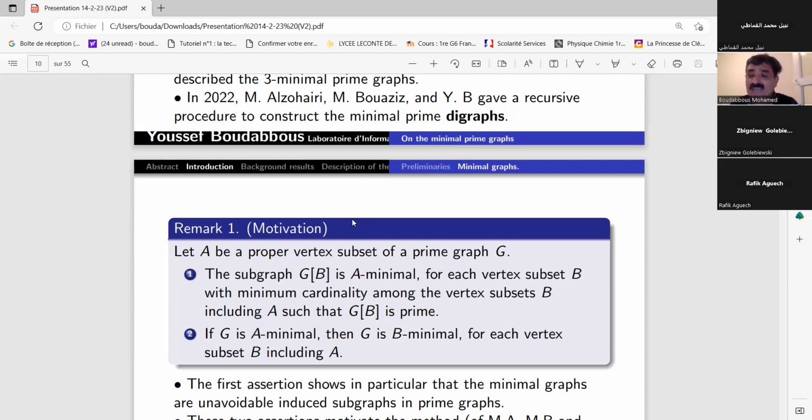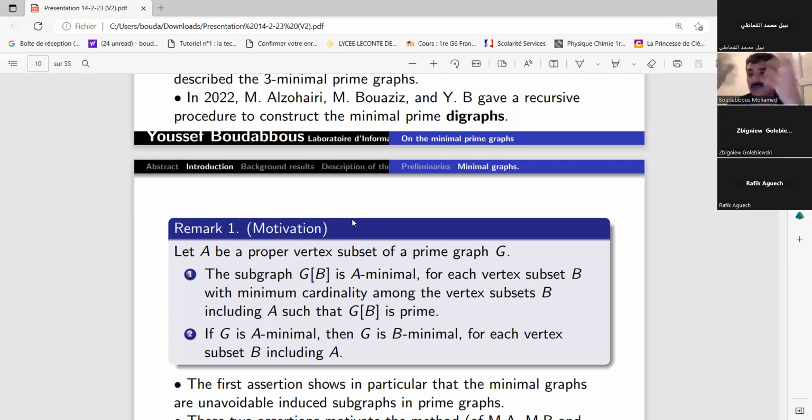It is easy to verify that G[B] is A-minimal. This remark shows the importance of minimal graphs. Given a prime graph, for any vertex subset A, there is an induced subgraph containing A which is minimal.